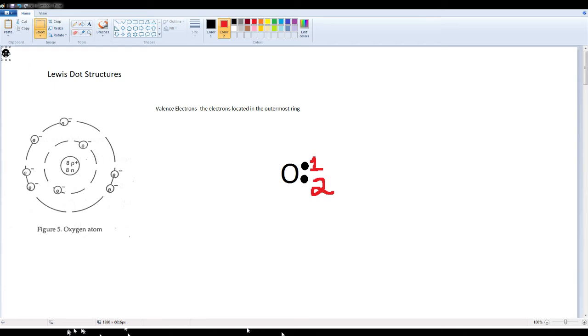The third black dot goes at the top. Where do you think the fourth one goes? Well, if you did not answer right here, you were wrong. Why? We're going to see a little later what these shapes mean. But what you find is when you add electrons, they pair up, but they pair up in a pretty unique way.